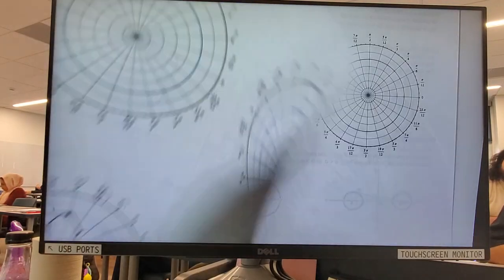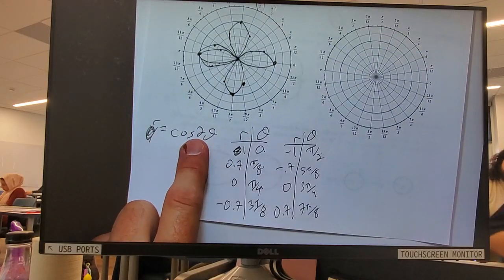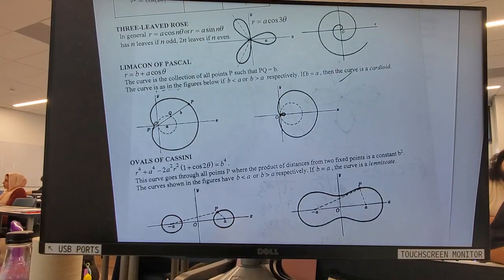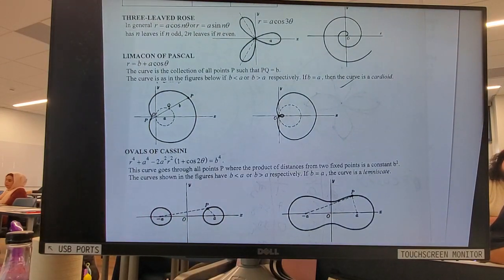And our n was 2, so we got 4 leaves. If n is odd, it'll start to kind of retrace leaves. So it won't be able to make 6 leaves if I put a 3 in there. It'll retrace the 3 that are there already. It just has to do with the period of the trig functions. Okay.